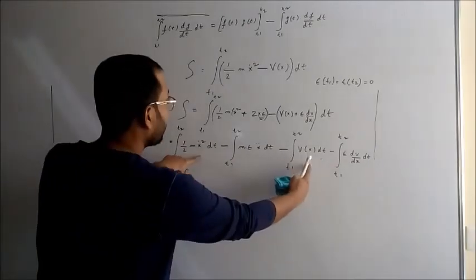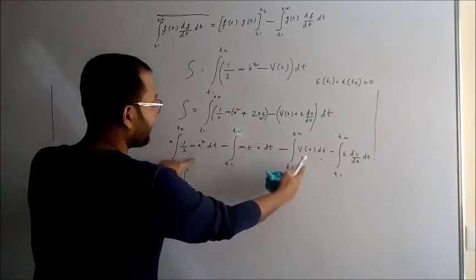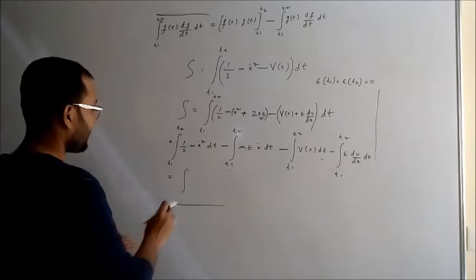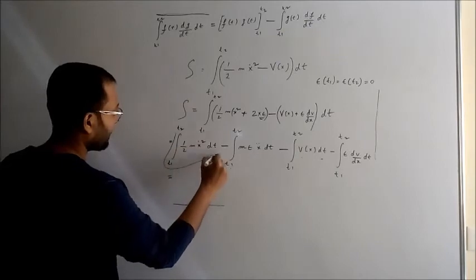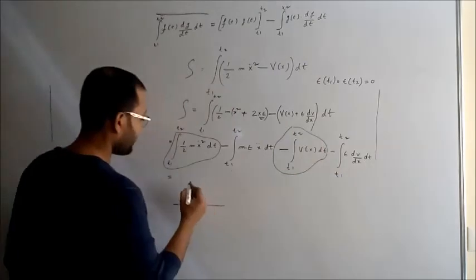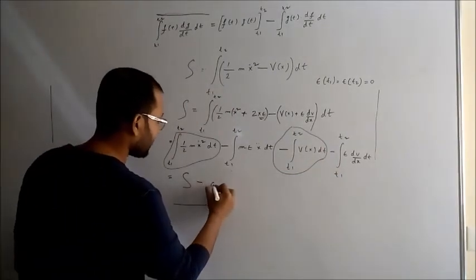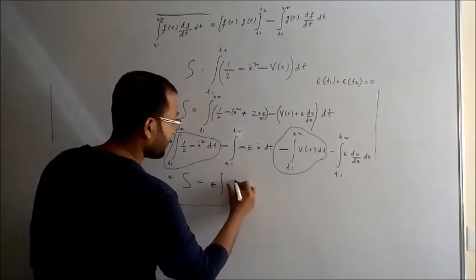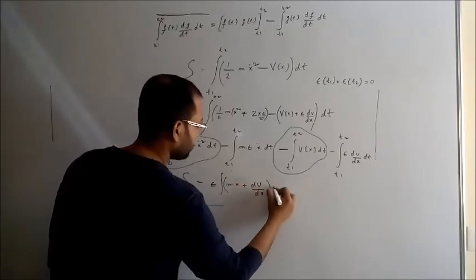I get the action, half m x dot squared minus V x all integrated in time dt, which gives me S. So this term grouped with this term gives me back the action S, and what I'm left with is minus epsilon integration m x double dot plus dV by dx dt.